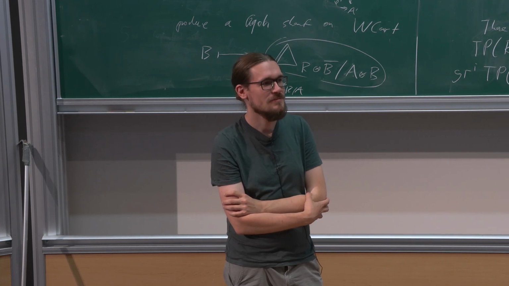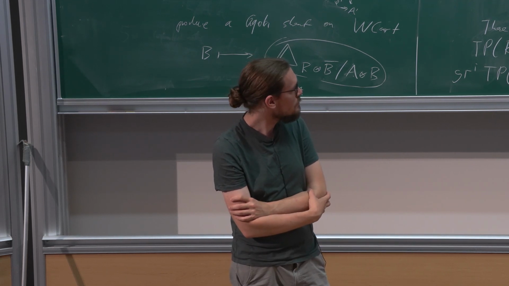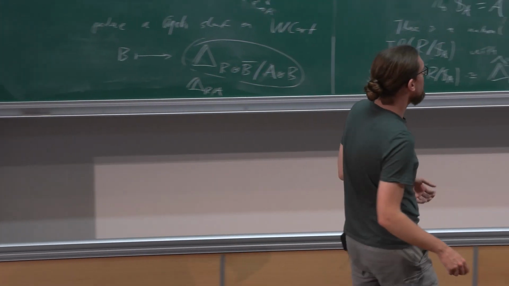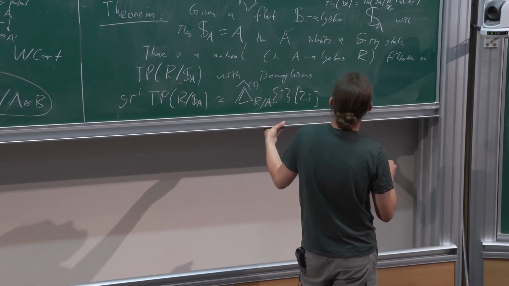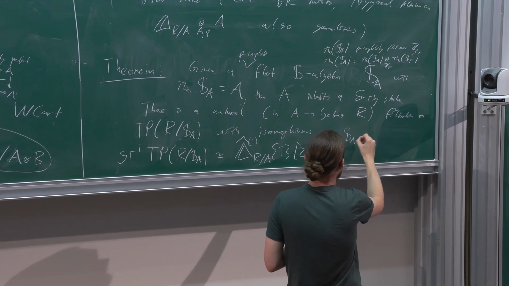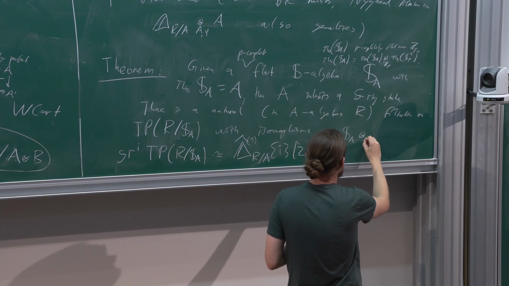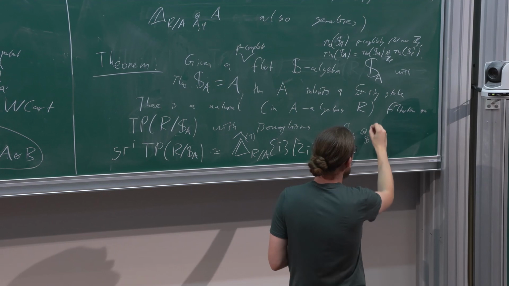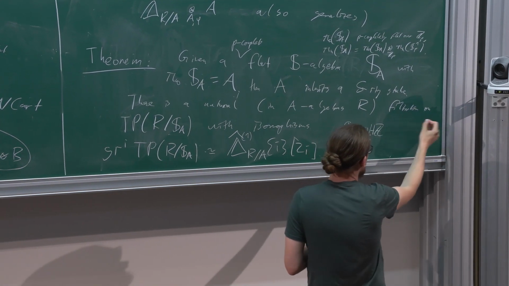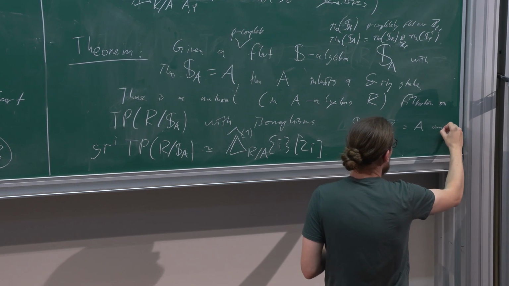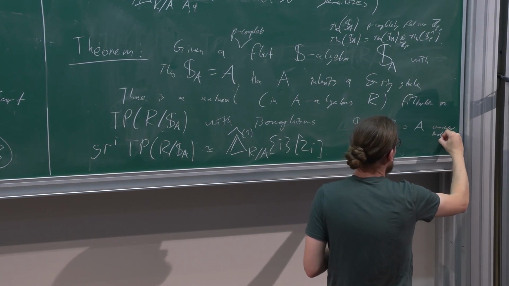Okay. But here, what is the better condition than flat? You can ask, instead of this flatness condition, you can just ask that if you take this SA and you tensor it over the sphere down to HZ, that this is just A concentrated in degree 0.